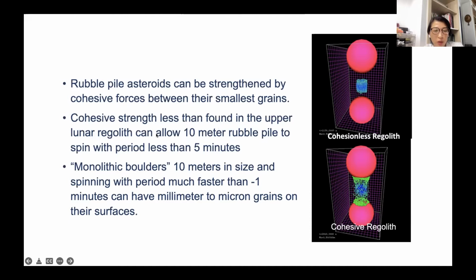So if we use the lunar regolith cohesion value, a 10-meter rubble pile can spin faster than 1 minute, even if there are monolithic boulders of 10-meter size. The surface can still have millimeter to micron grains.